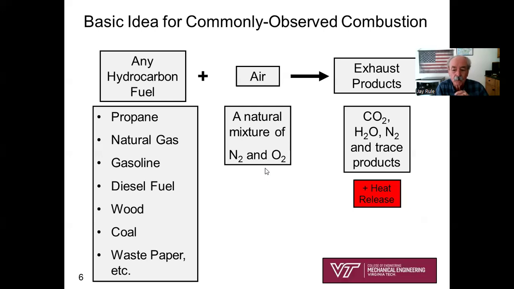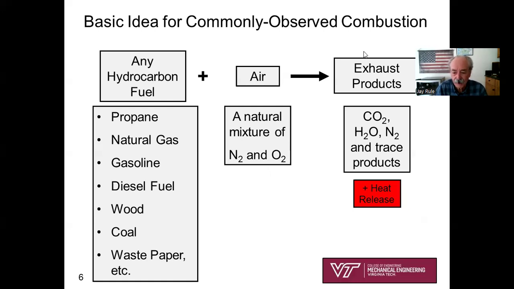So in the real world, except for rockets, we combine our fuels with air, don't we? Not oxygen. We don't have pure sources of oxygen just laying around everywhere, but we got plenty of air existing in our world. So we've got air. It's a natural mixture of nitrogen and oxygen. You covered that in chapter 12.